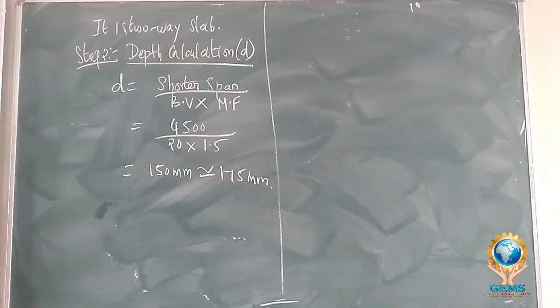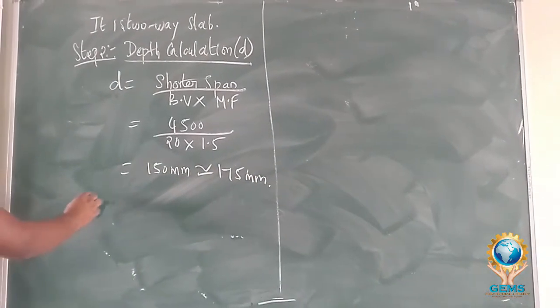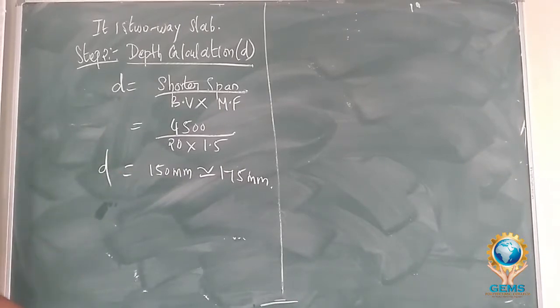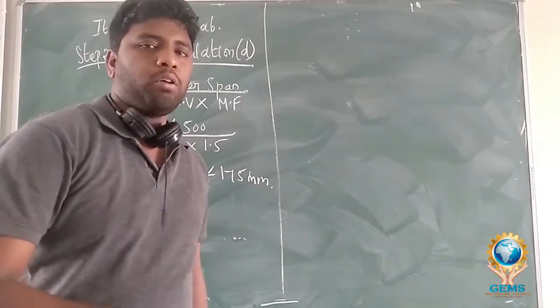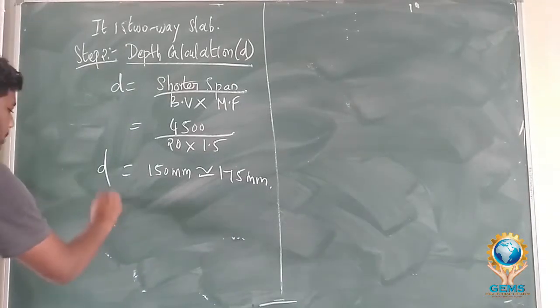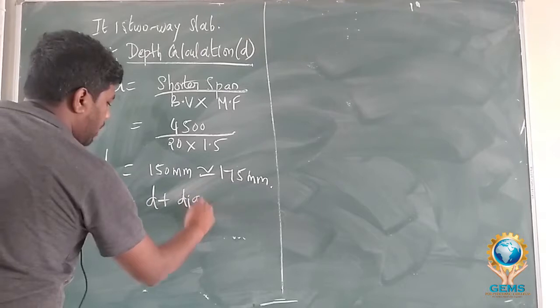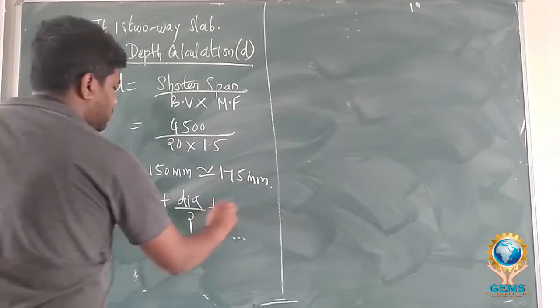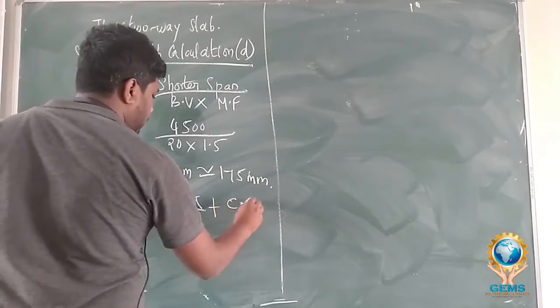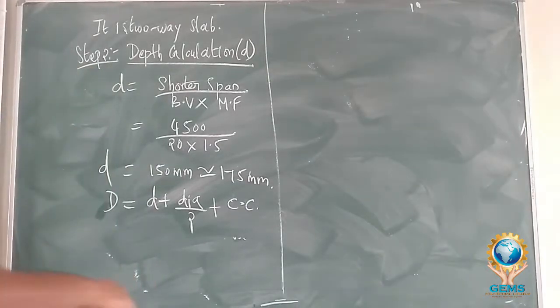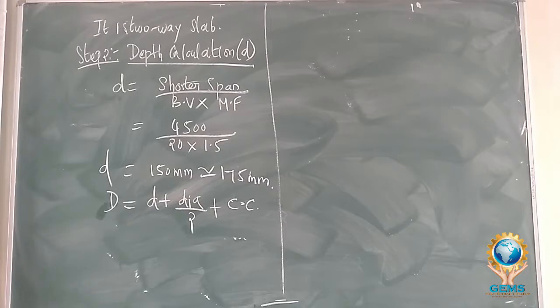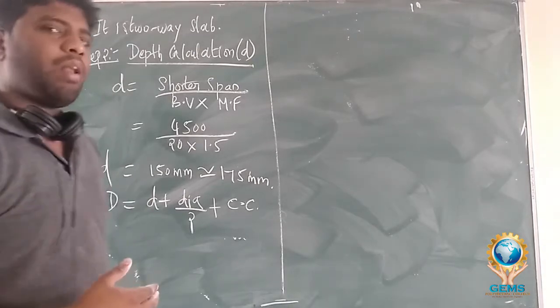Next we have to calculate the overall depth. What is the formula for calculating overall depth? D is equal to effective depth plus dia bar by 2 plus clear cover. Here we are going to assume 12 mm dia bars.